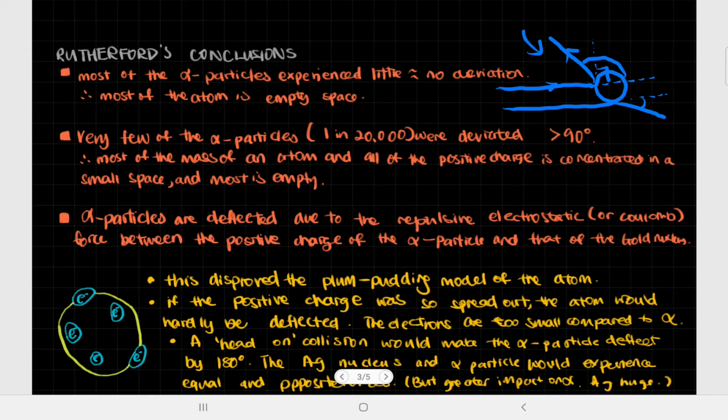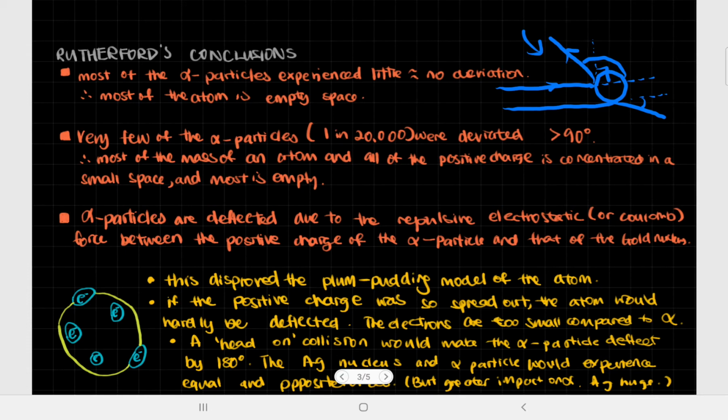Therefore, for the intensity of this force to be really, really big, you had to concentrate it into an extremely small space. And small being that only 1 in 20,000 actually came close enough to this tiny little concentrated space to actually be affected by it.